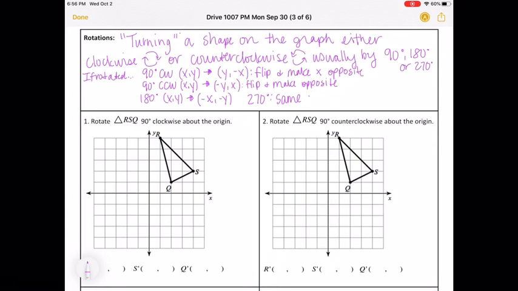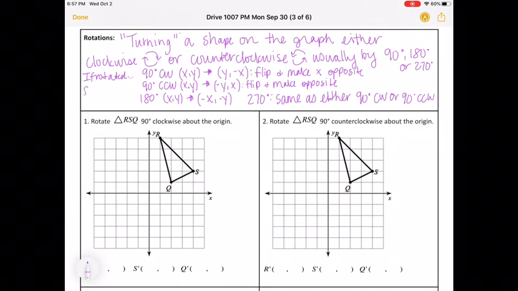So same as either 90 degrees clockwise or 90 counterclockwise. I'm just going to write over here, each 90 degrees is a quadrant. So if that helps you kind of visualize how far that's moving or where that's moving to.